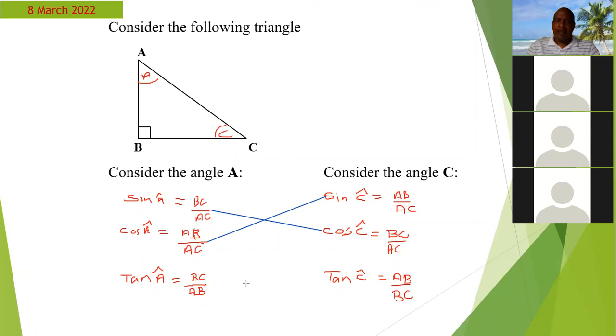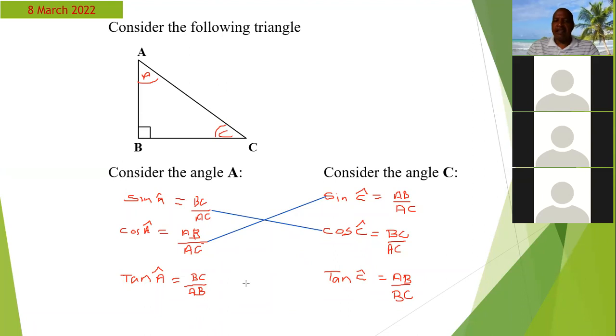Okay, sir. So that is something to bear in mind. So what this tells you, if you know the sine of angle A, you can determine the cosine of angle C because it should be the same.